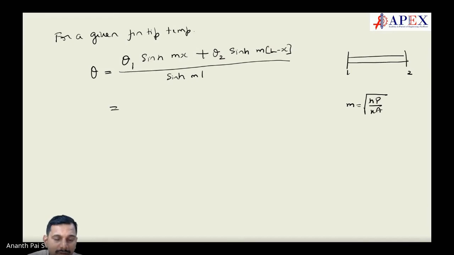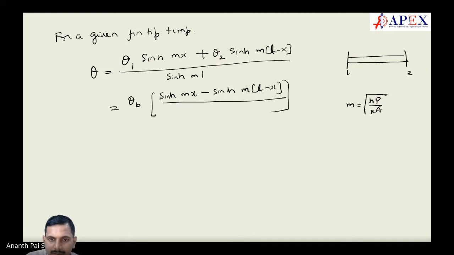So what we will have here: theta at the ends, theta bases, two bases are there, base 1 and base 2, we can bring it out, divided into sinh mx minus sinh m(L minus x), small l of course, divided by sinh mL. Fine.